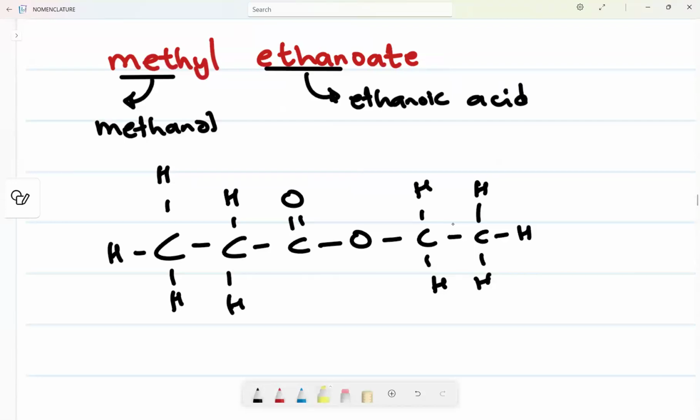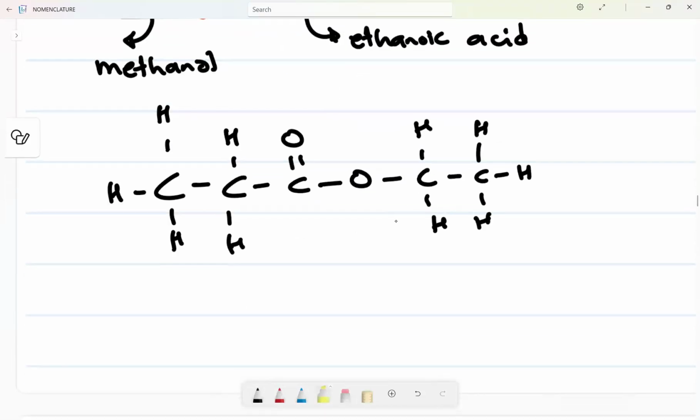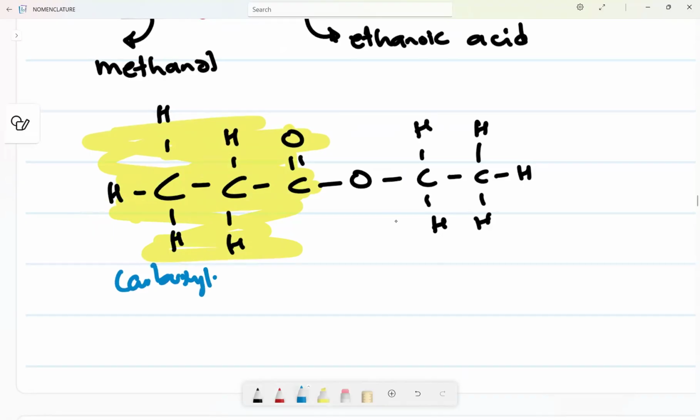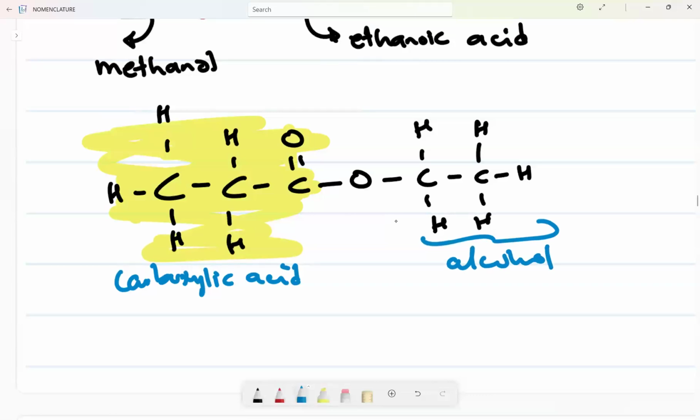Now, I need to identify which one comes from the alcohol, which one comes from the carboxylic acid. Remember, I said the one that comes from carboxylic acid is the one that has double bond O. So double bond O, it is here, meaning from there, going there, this is my carboxylic acid. So this side here, it is my carboxylic acid. Then it means this one here, it is my alcohol.